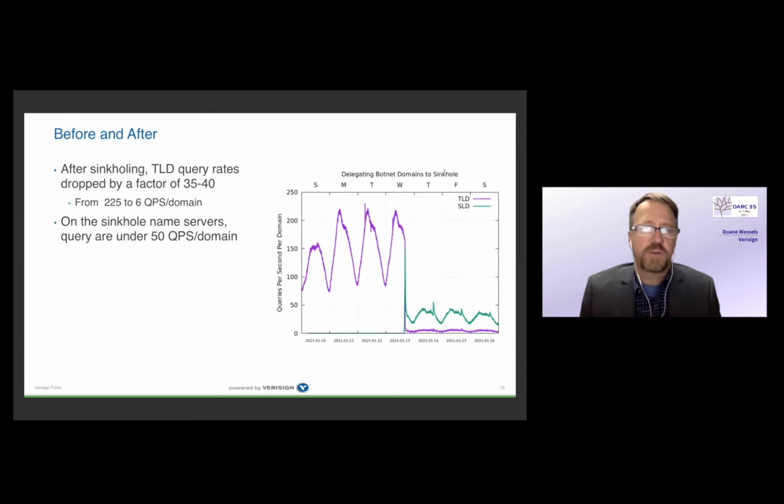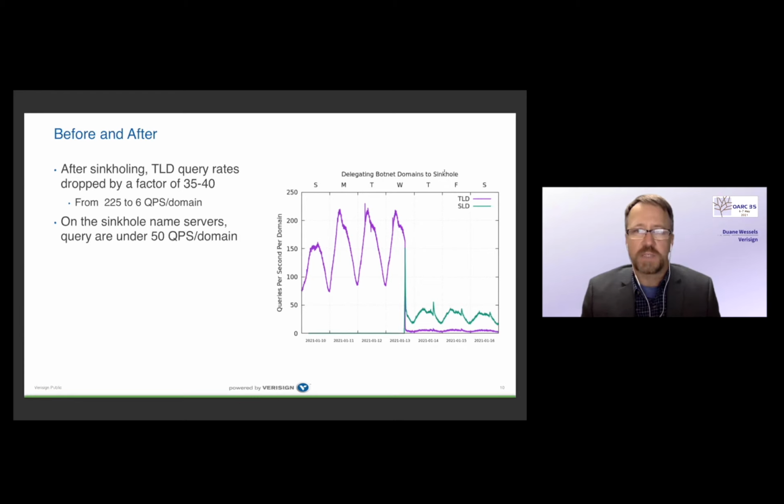So this graph shows what things looked like when we switched domains from the initial state to the sinkhole state. The purple line in this graph is the rate of queries per domain seen at the TLD name servers. And again, there's that 225 QPS peak.